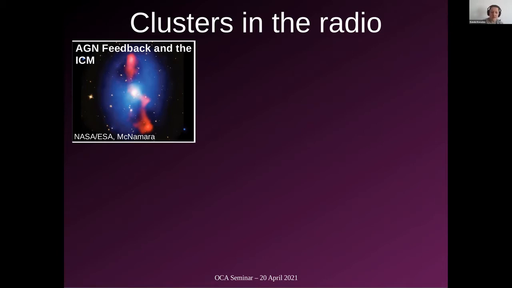In many clusters, you have the brightest cluster galaxy, or any radio-loud galaxy within the cluster, that may have an AGN. That's the active galactic nucleus, with the nuclear physics in the black hole, and you get radio jets emanating from the galaxy. So in this figure here, the blue is X-ray and the red is the radio.